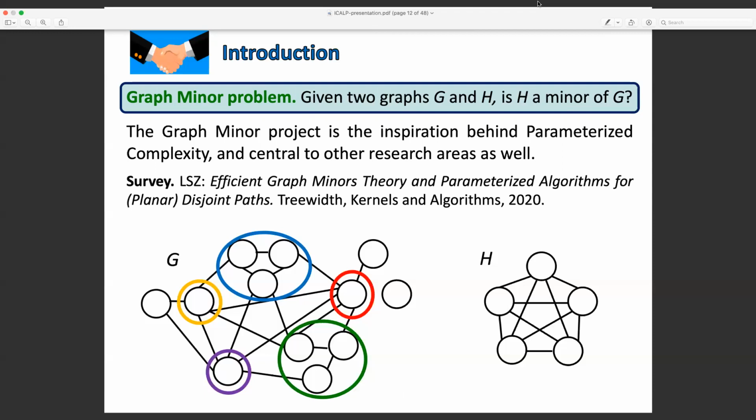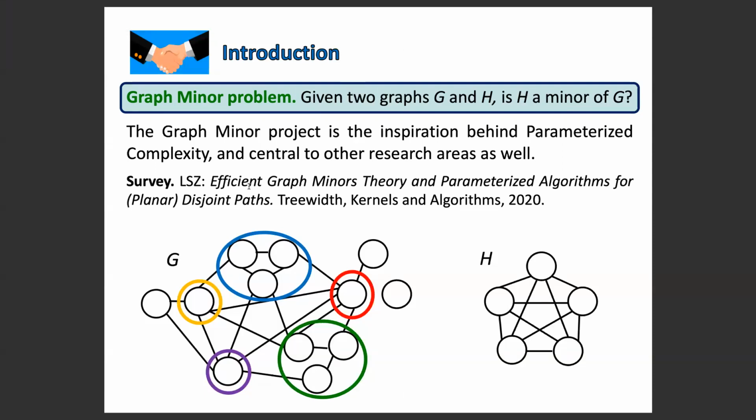If you want to read more about this problem and in general about the graph minor project, you can look at the recent survey that we have. It is cited here.